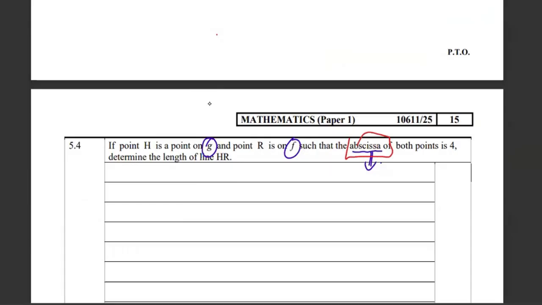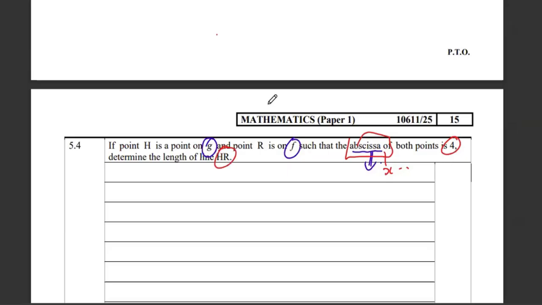But in other words, it represents the x-coordinate. So the x-coordinate of both points is 4. So I determine the length of HR.